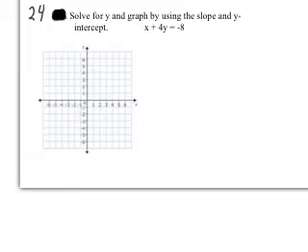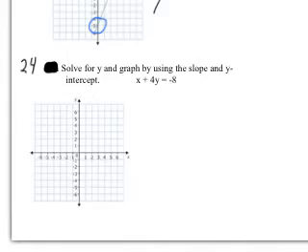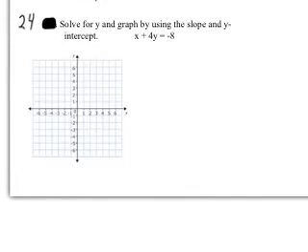Again, we'll use our slope-intercept form here. It says solve for y and graph by using the slope and the y-intercept. So we're going to find them by solving for y. Okay, so it's x plus 4y equals -8. So we're going to get this in terms of y. Let's add a negative x to both sides.